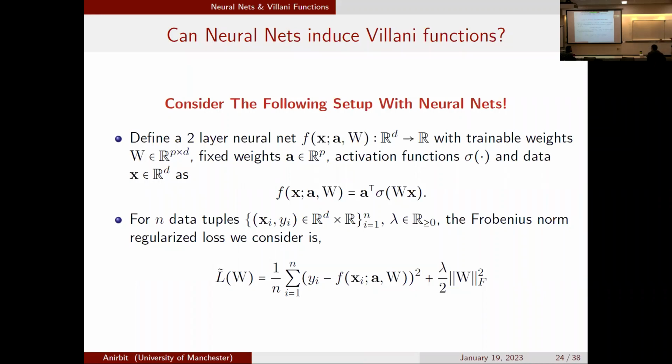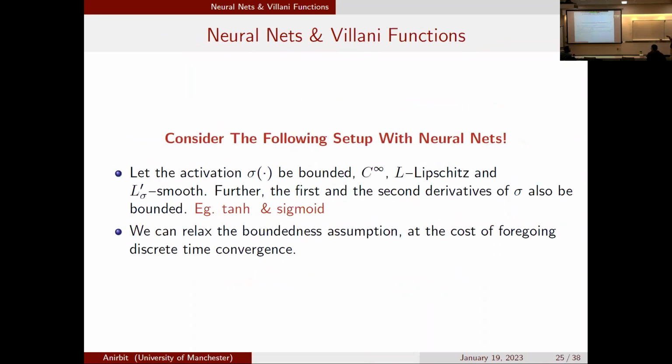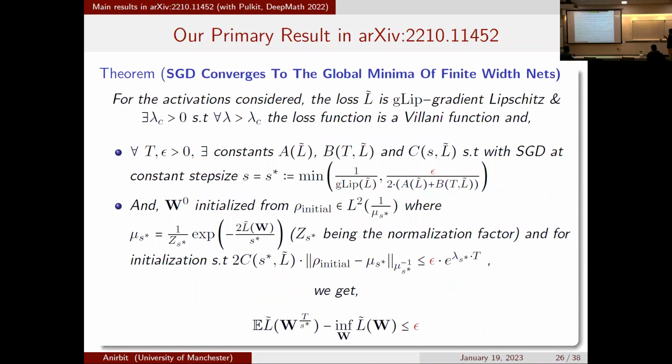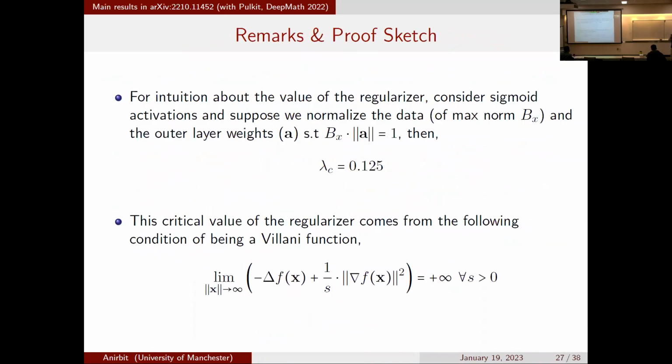It's actually computable. The threshold is computable, and that's the key point here: this is not an arbitrary constant; it's a computable constant. So T is a time horizon parameter, which parameterizes how far from the Gibbs measure you initialize. If you initialize farther, you take longer to reach it.